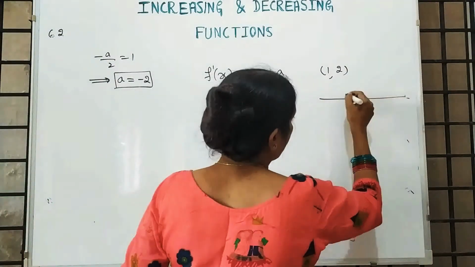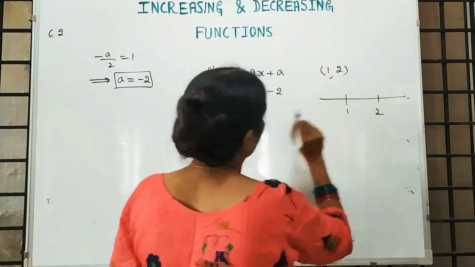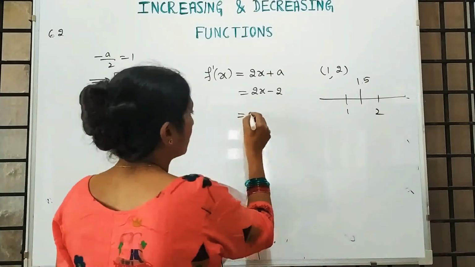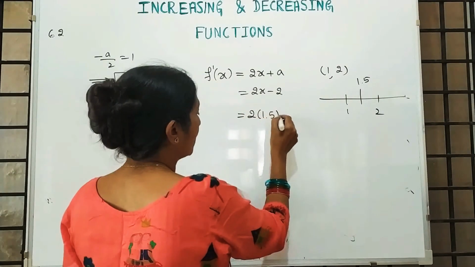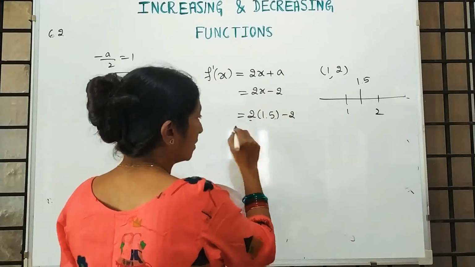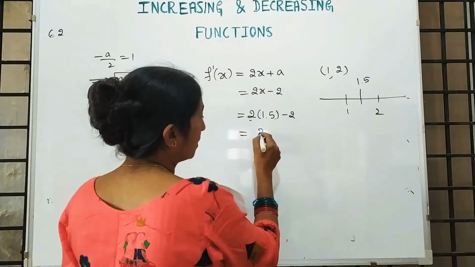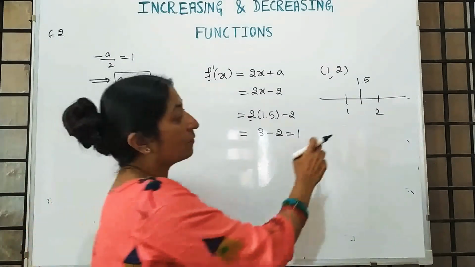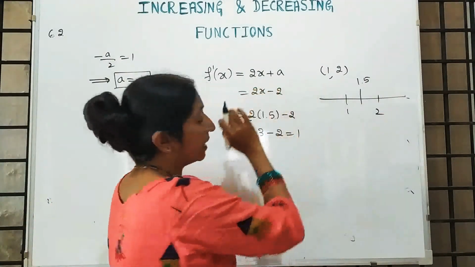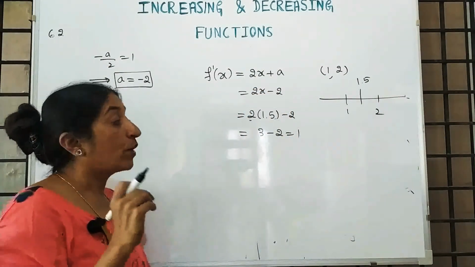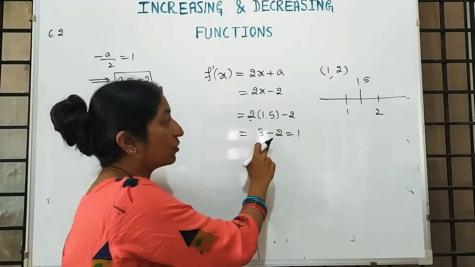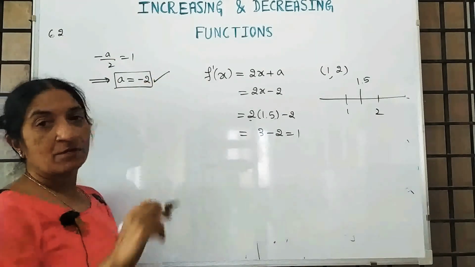Now select any number in between 1 and 2, suppose if you take 1.5. 2 into 1.5 minus 2. See, it is 2 into 1.5, that is 3. 3 minus 2, 1. Is it positive or not? That means in between these values, whatever you will select, the function will be increasing. It is possible only if a is equal to minus 2. That means a value is minus 2.